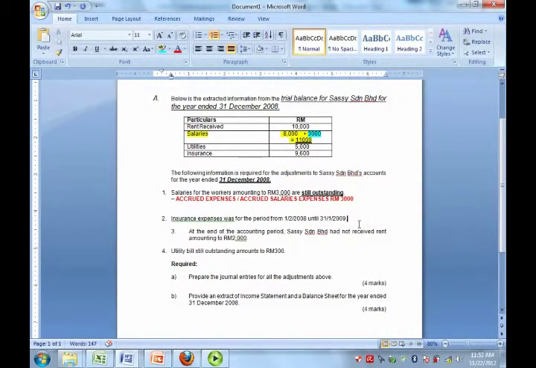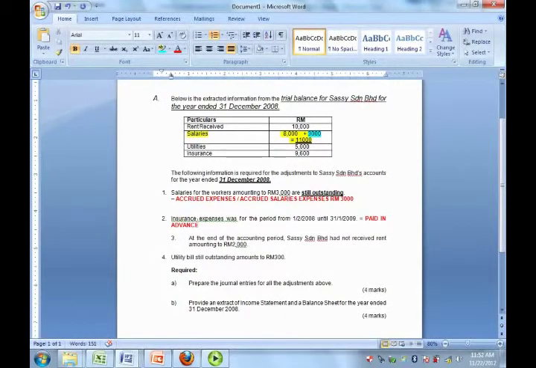So what do you have to do? First, identify first. Is it paid in advance, class? Yes, it is paid in advance because you have paid for January 2009. So when you consider it is paid in advance, we consider that as prepaid.